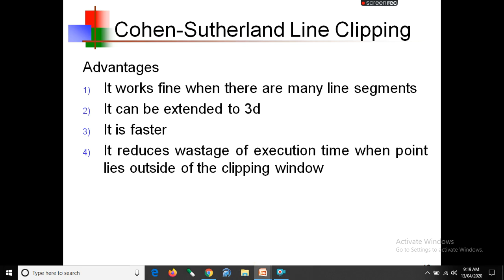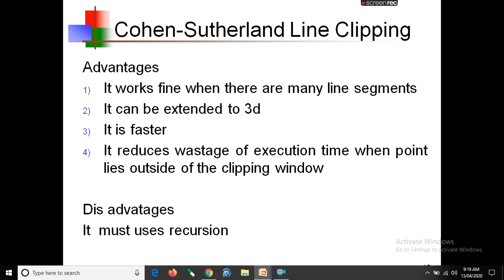So you can see the advantages of the Cohen-Sutherland line clipping algorithm. As I said already, it is one of the fastest line clipping algorithms among the various types of line clipping algorithms. It works fine when there are many line segments.